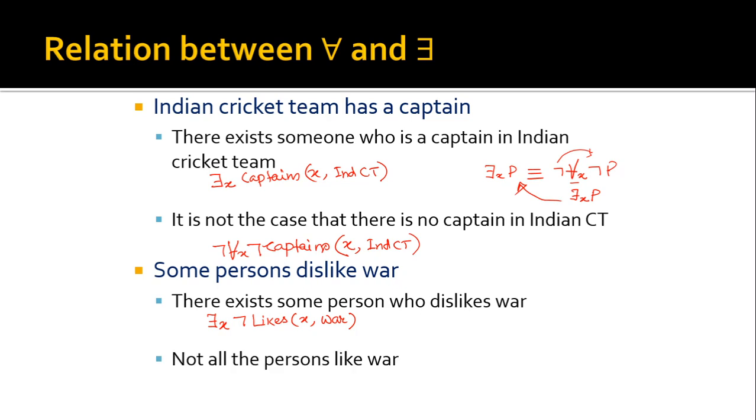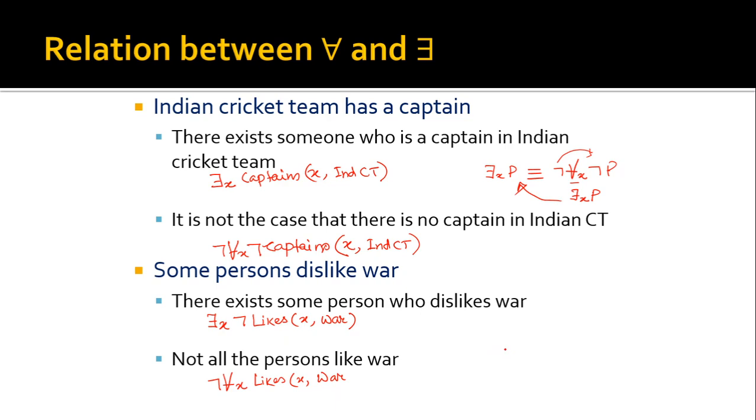And what is the second way to say this? Not all the persons like war, right? So let us first write all the persons like war, right? So for all x likes x war, and it is not the fact, so we just put a negation before this.